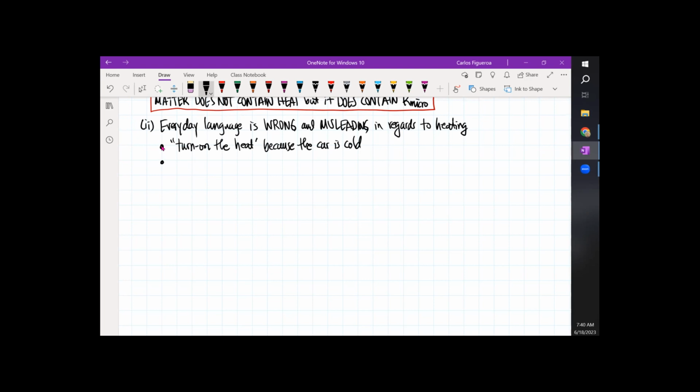Another one is, let's say the temperature outside is 100 degrees Fahrenheit, which is about 40 degrees Celsius, and we're talking about weather, I should have said that earlier. One says this heat is oppressive.